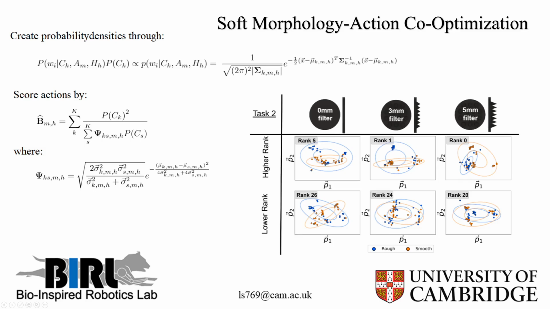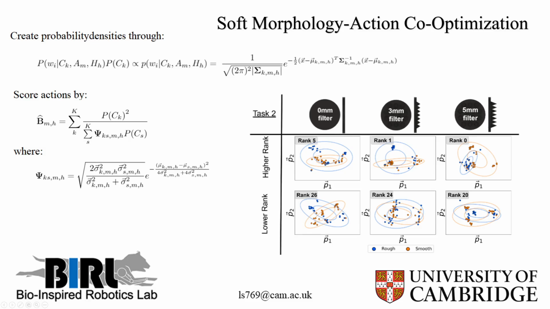You have these 3 different morphologies, and for every pair of morphology and action, you can see how the robot perceives the world in terms of the density function, the resulting distributions of using that sliding motion together with the respective tool. Here you see only 2 dimensions because we use PCA to reduce the spatiotemporal data into a lower dimensional space.